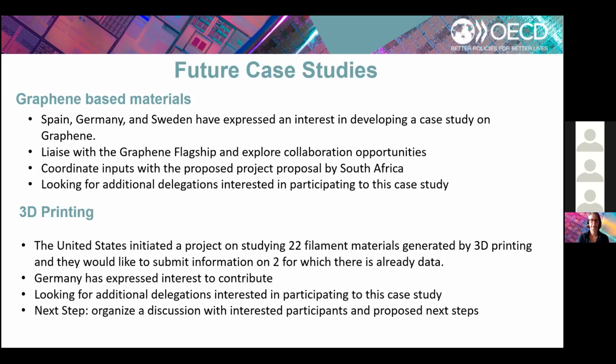And the aim is that for at least 2 of these filaments, the data can be used for a case study. There was also an interest expressed by Germany to contribute to such a case study. And also here, the steering group is looking forward to additional delegations that are interested to participate in the case study. And as for the graphene, there are currently ongoing discussions how to organize such a case study.